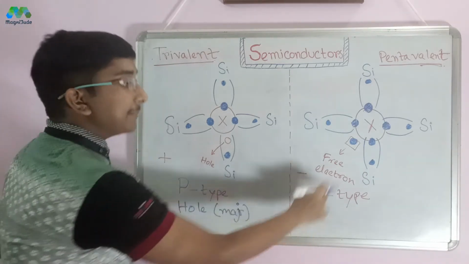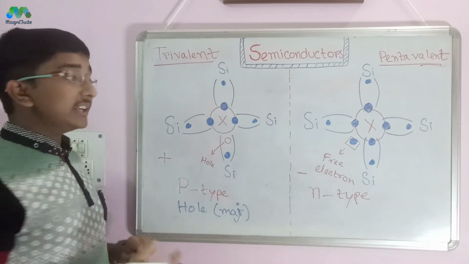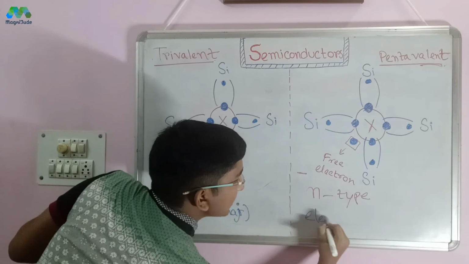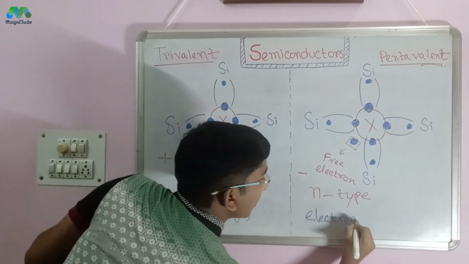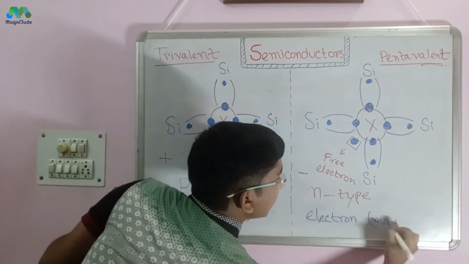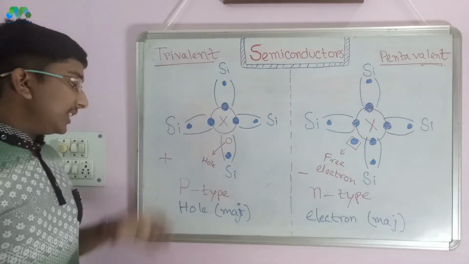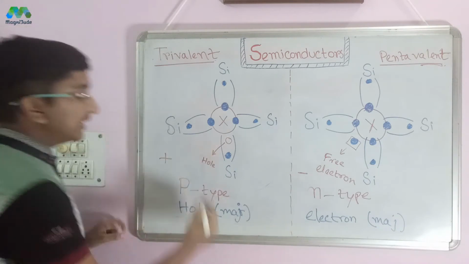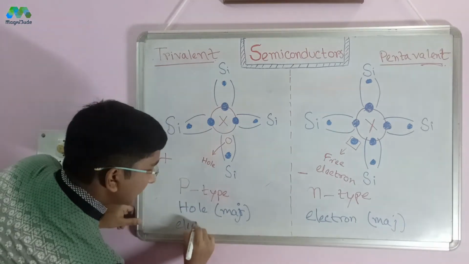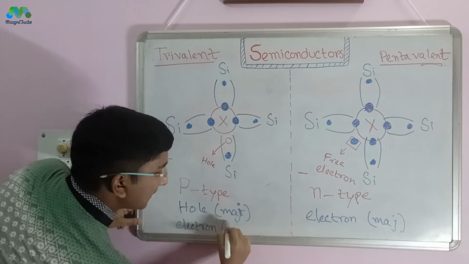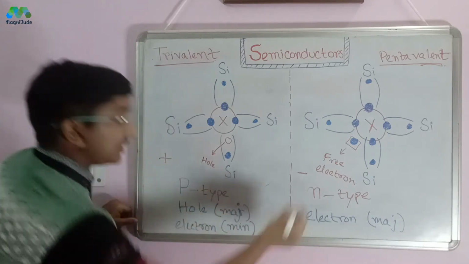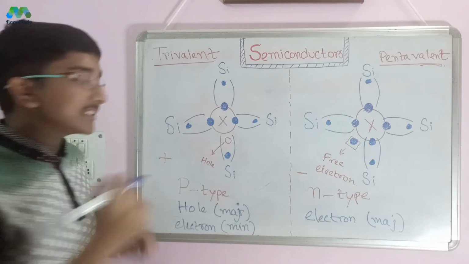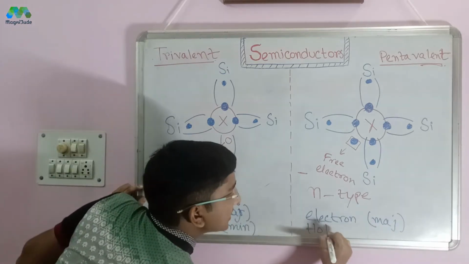And in N-type, one electron is extra, so in N-type semiconductors the electrons are the majority charge carriers. If the holes are the majority charge carriers, then obviously the electrons will be minority. And if the electrons are the majority charge carriers, then obviously the holes will be minority.